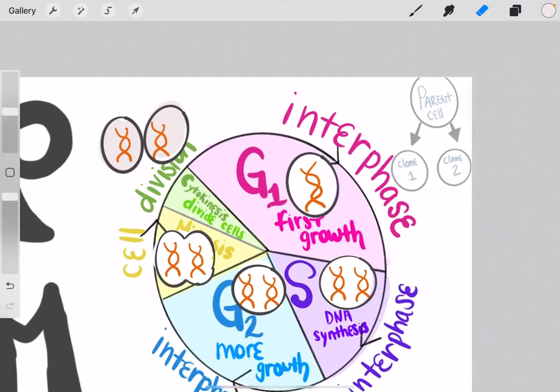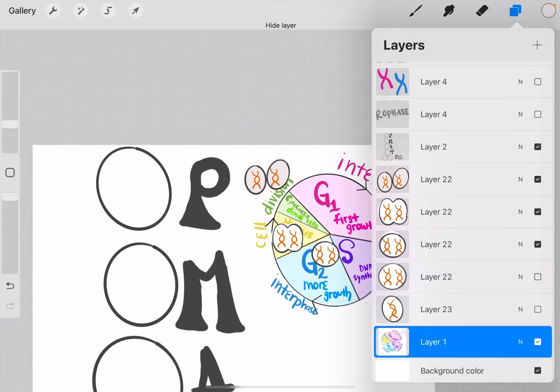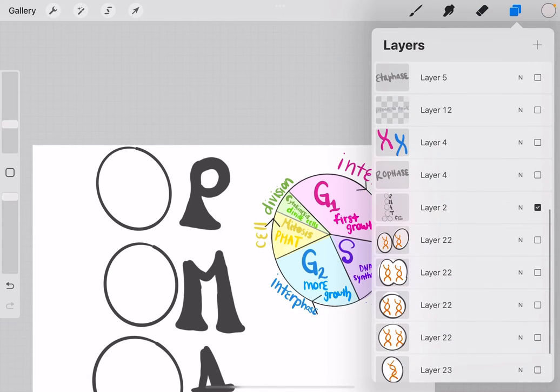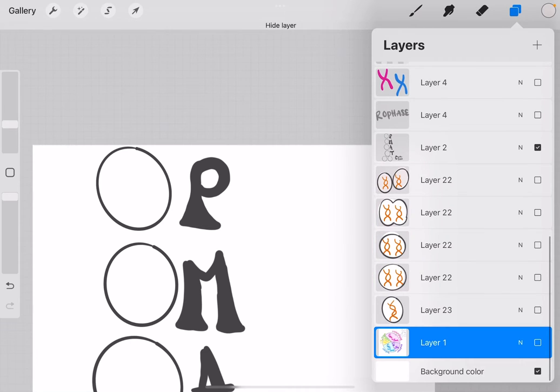So again, starting off in G1, we have 1 copy of the DNA inside of the cell, then we duplicate it to make 2 copies, and then at the very end, each of the cells ends up with 1 copy each. So let's go through what exactly prophase, metaphase, anaphase, and telophase mean.